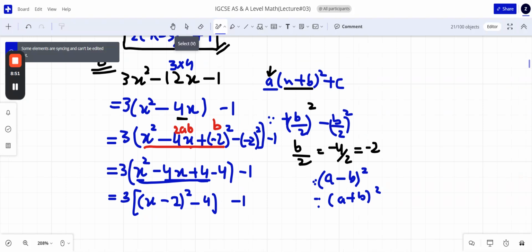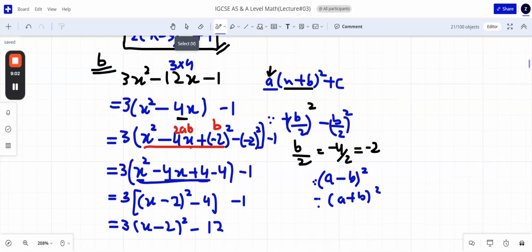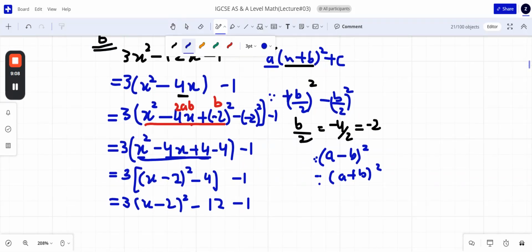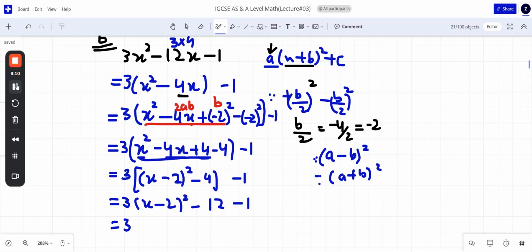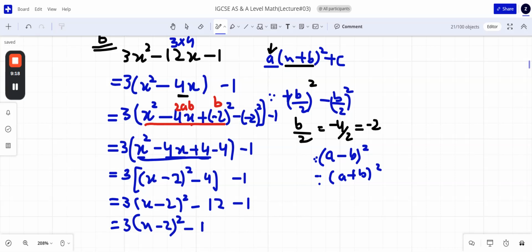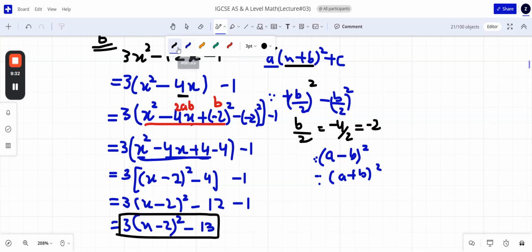As before, we multiply the 3 with these two values: 3 into (x minus 2) whole square, then minus 4 times 3 is 12, then minus 1. So the final answer is 3 into (x minus 2) whole square minus 13, which we found by the completing square method. The required form was a into (x plus b) whole square plus c.